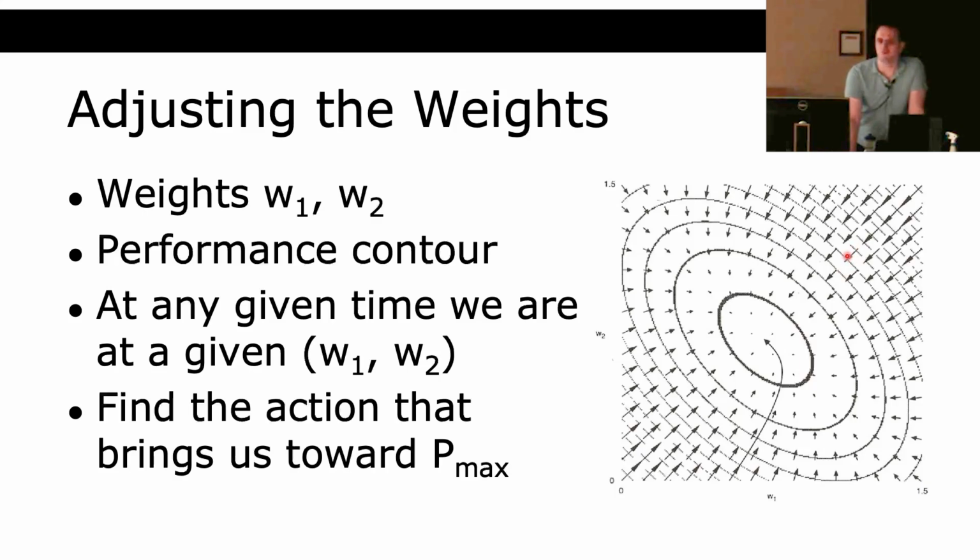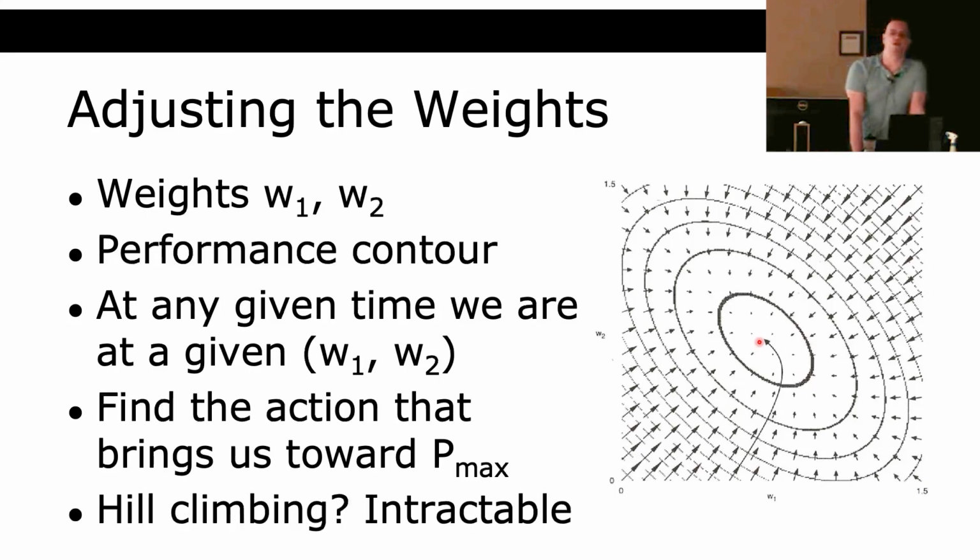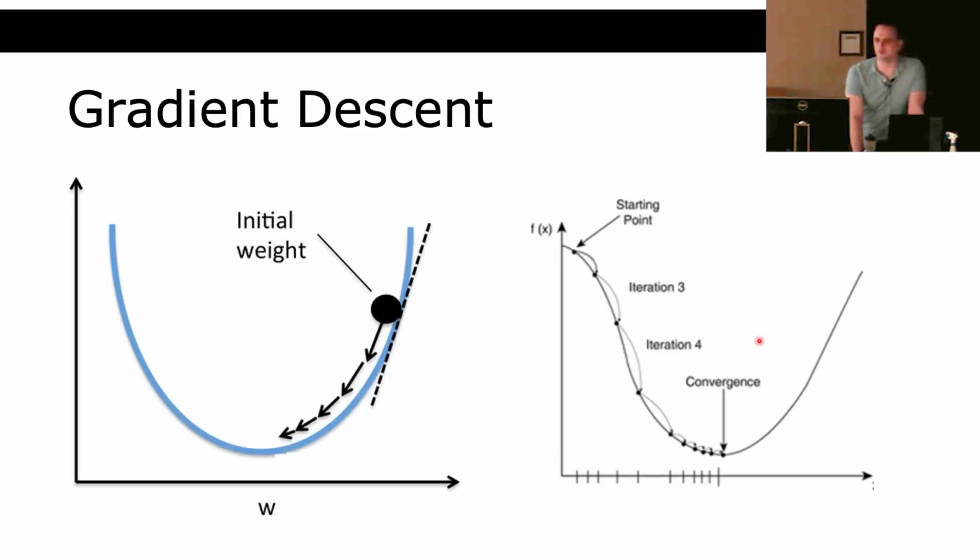If we had some way of telling, we should head more in this direction, so then our next W1, W2 are right here, then our next one is right here, our next one is right here, our next one is right here. So there's all sorts of methods that we may be able to do for this, like hill climbing, all sorts of different stuff, but the way that we typically do this is with a method called gradient descent.